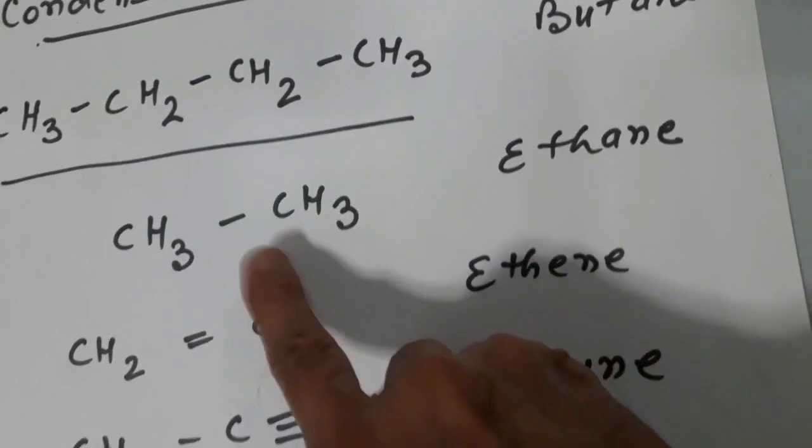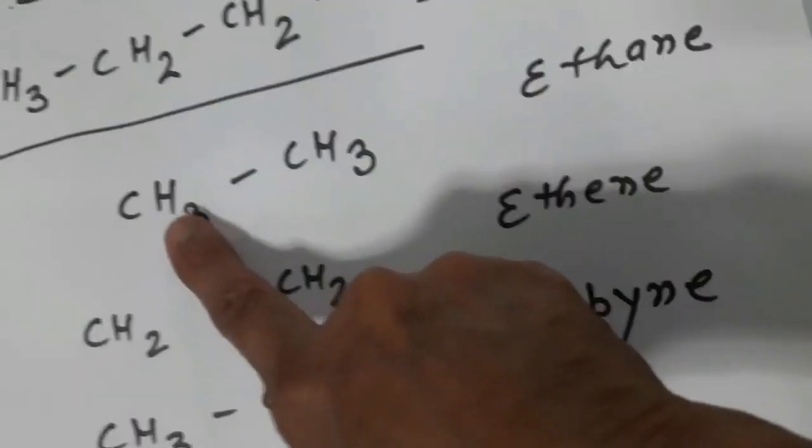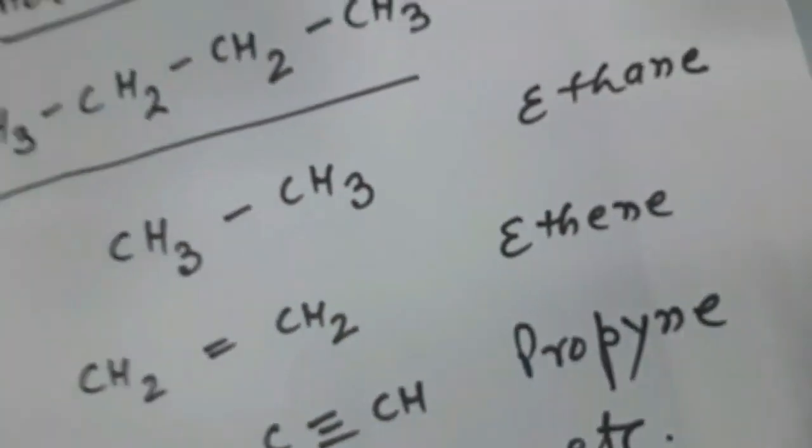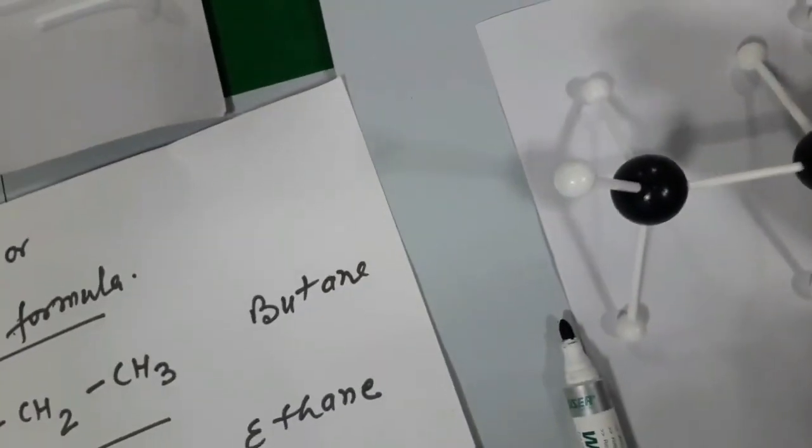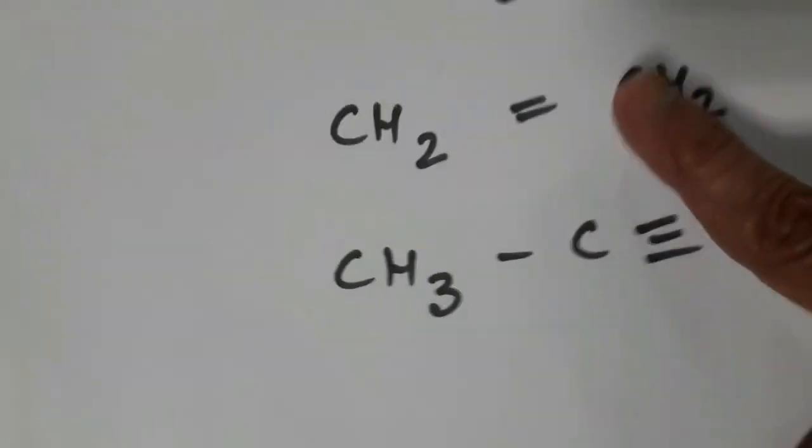Similarly, ethane, with 2 carbon atoms, will be written like this, a saturated compound. If you remember, I removed 1 hydrogen, so I will put 1 more. If you add 1 more hydrogen over here, this is your ethane, CH3, CH3. Then this is ethene.